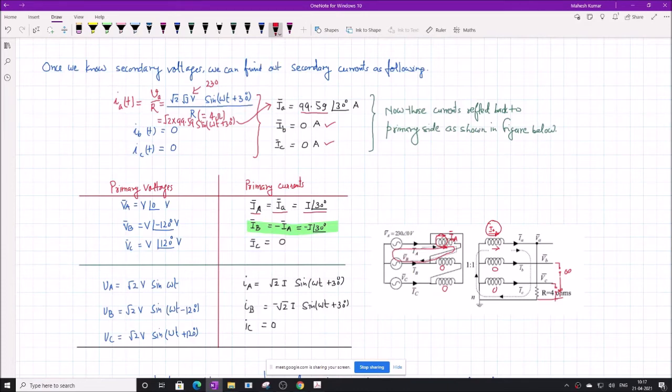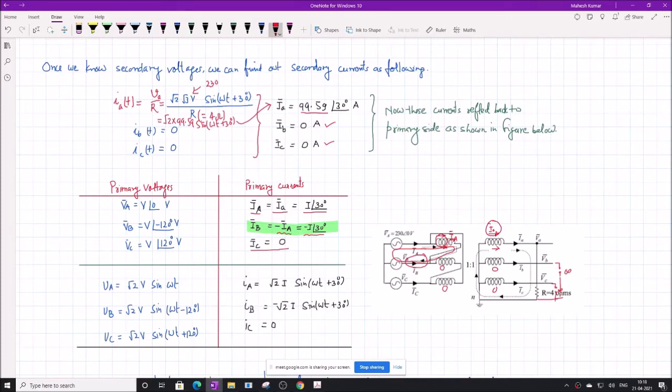And therefore IB becomes minus IA from the direction of the flow, so IB is minus I angle of 30 degrees. And IC is 0, as per the geometry of the transformer winding connections.